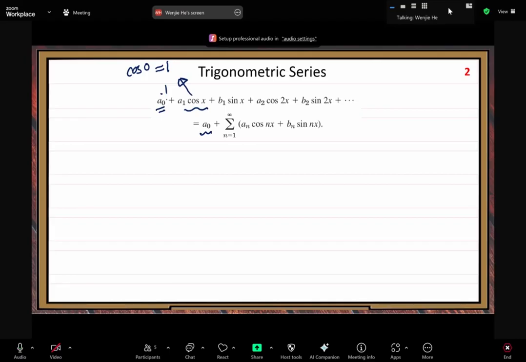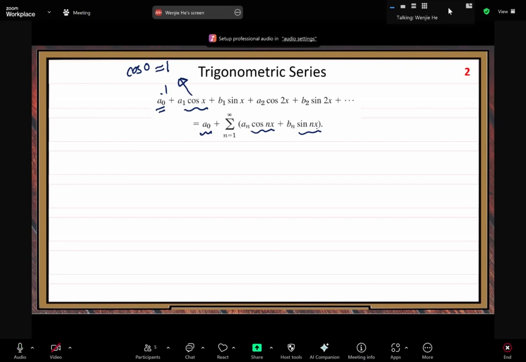This constant term should be characterized in the cosine terms. Then the sine terms. So the sine function and the cosine function, and you keep all the forms cosine nx and sine nx, all those terms.